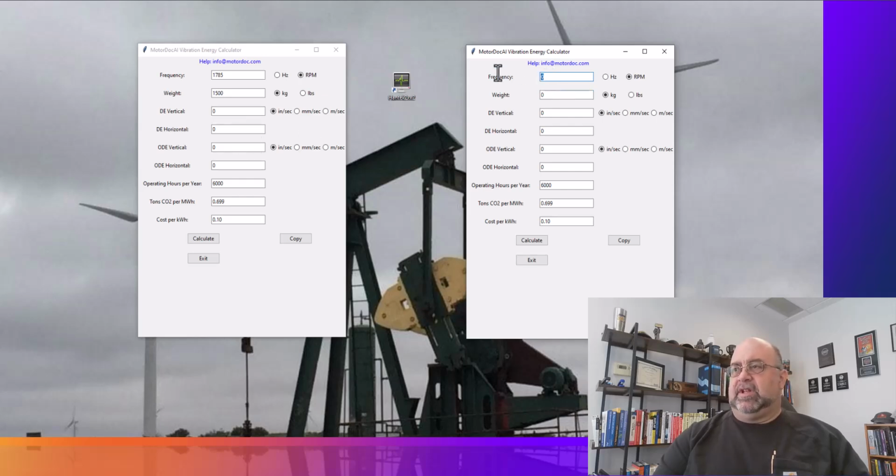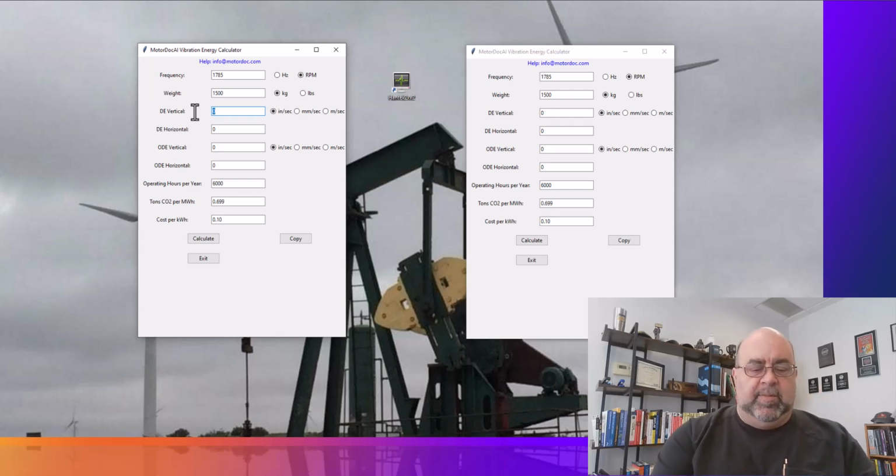So let's make sure these are the same, 1785, because really, it's going to be a rough estimate. So I have this. Now let's say I have drive end vertical, and we're going to make it real simple.